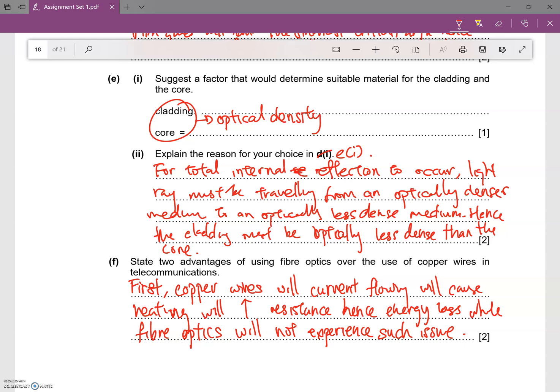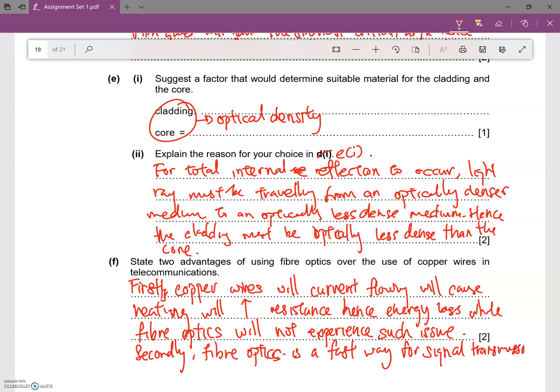Secondly, fiber optics is a fast way for signal transmission, as light travels at 3 times 10 to the power 8 meters per second.